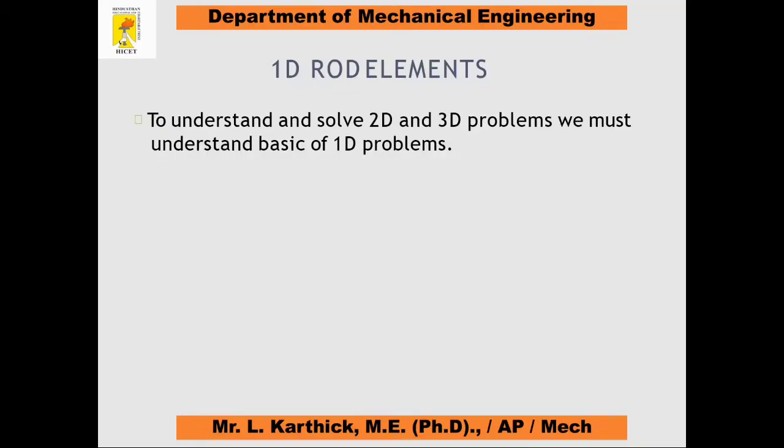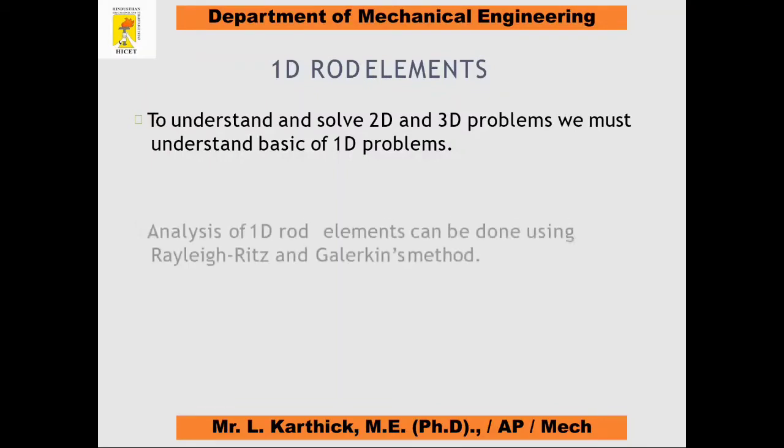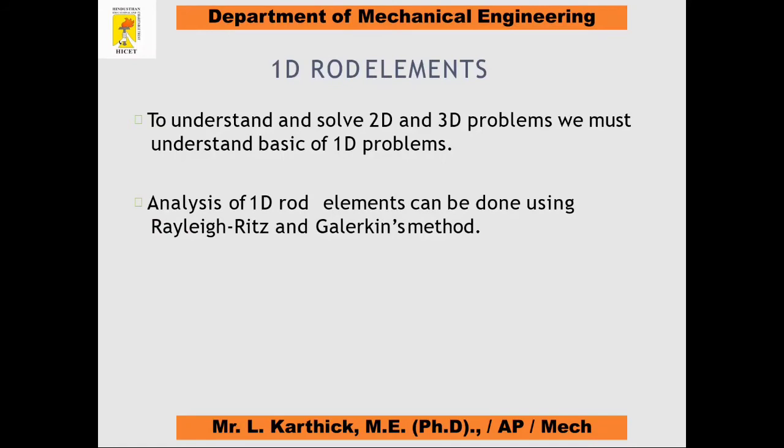For two-dimensional elements, we have the combination of a one-dimensional element and another dimensional element, and we will get three nodes. So once you know each and every concept of the one-dimensional element, then it is simple to add elements for 2D as well as 3D problems. So we need to understand the concepts of one-dimensional problems.